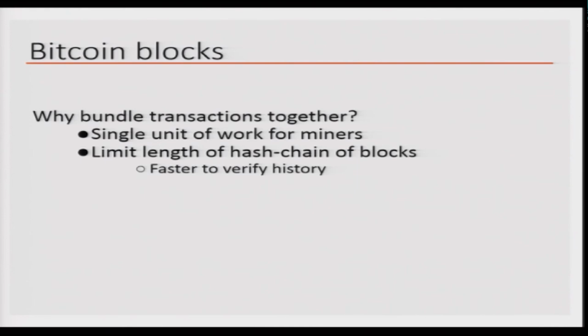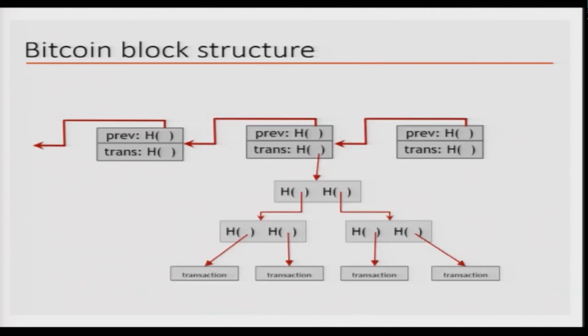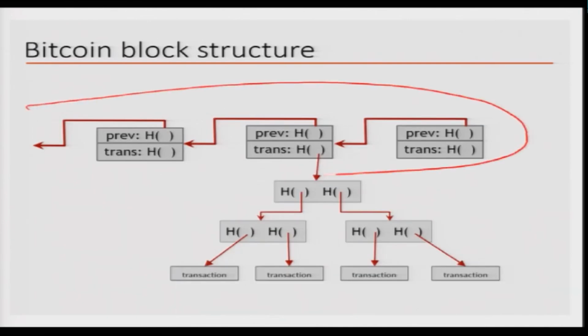Therefore, when you put a lot of transactions together in a block, the number of blocks is much less, and the length of the hash chain is less. So, if you want to verify history, you do it block by block rather than transaction by transaction.